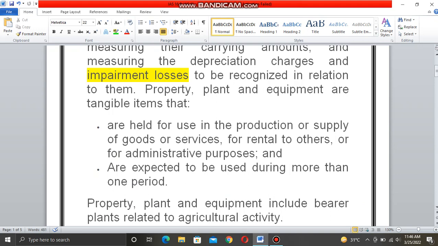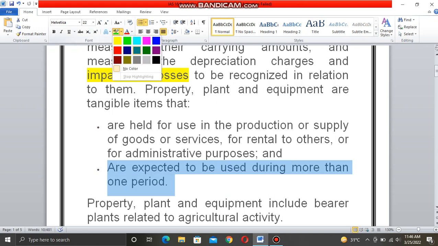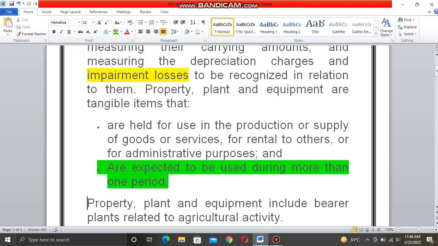The most important thing about these assets is this sentence. Look and focus on this sentence. I just highlighted this sentence for you to understand better: are expected to be used during more than one period.